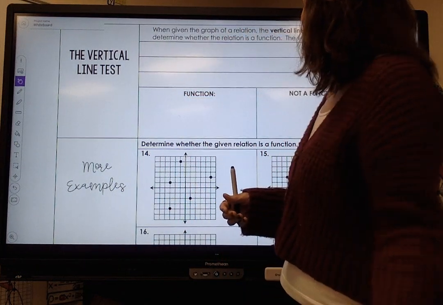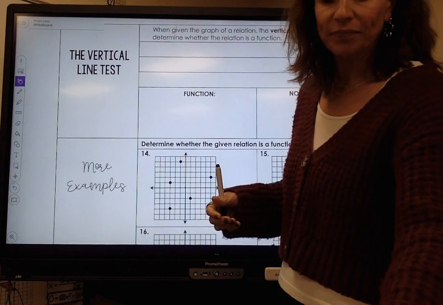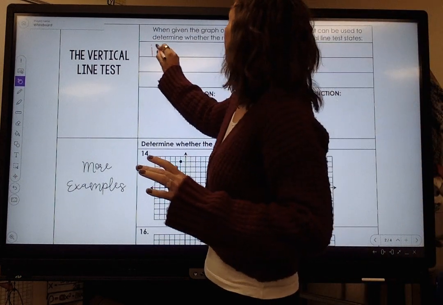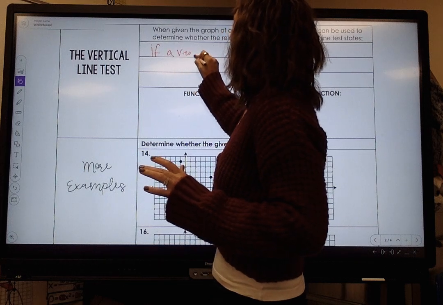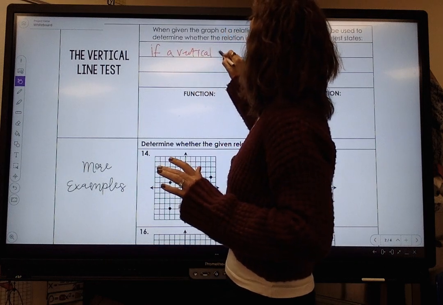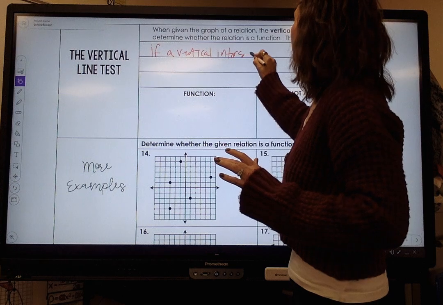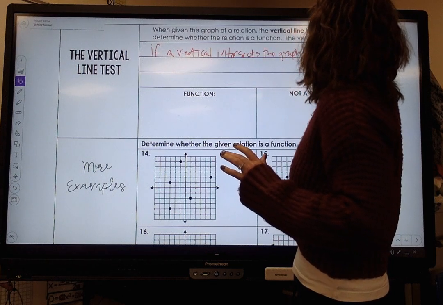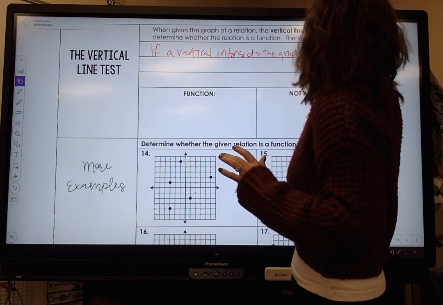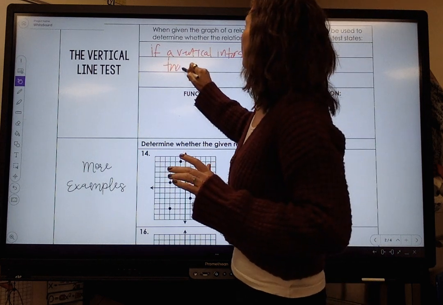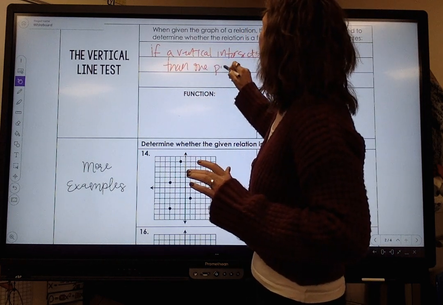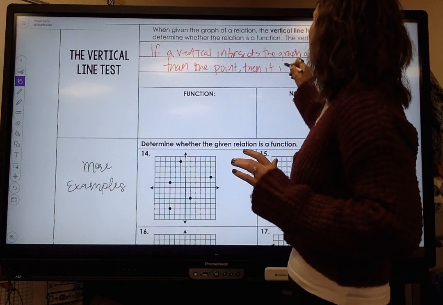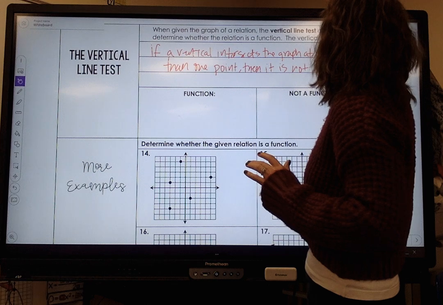So when you use a vertical line test, all you're saying is that if a vertical line intersects the graph at more than 1 point, then it is not a function.